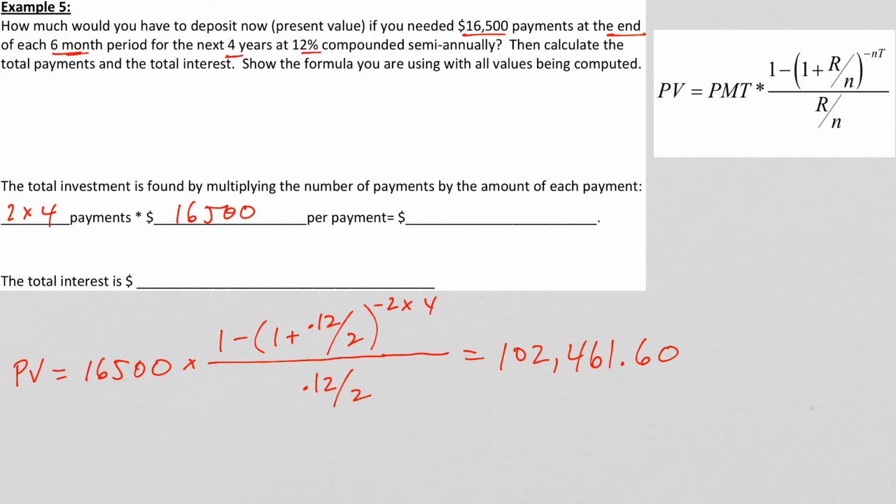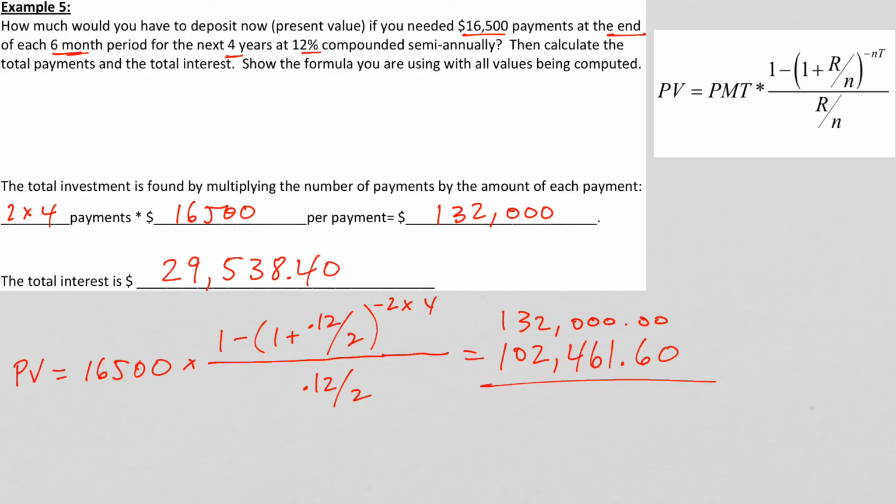So that comes out to $132,000 that we'd be extracting from the account. So this will come out to a total interest of $29,538.40.